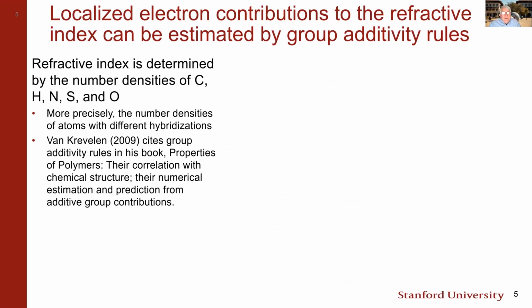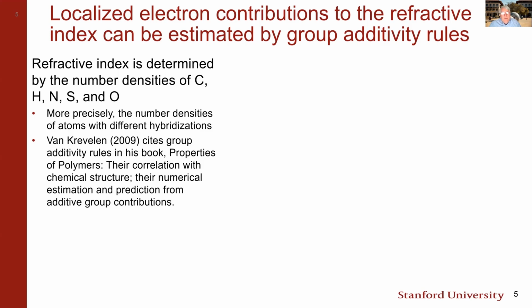So the localized electron contributions to the refractive index can be estimated by group additivity rules. And there was a book by Van Krevelen in 2009 that talks about this in detail. But basically, if you go back to the Lorentz equation, remember that the refractive index is related to the polarizability and the number density.